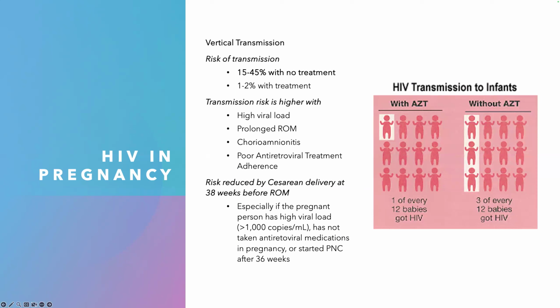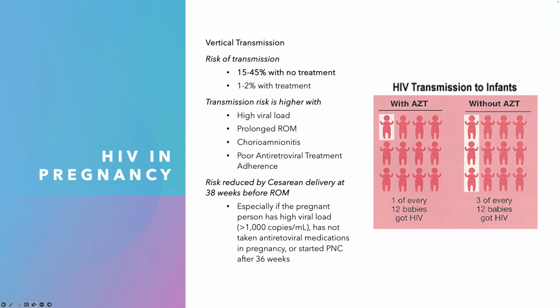Okay, so we know about vertical transmission. Our risk of transmission is 15 to 45% with no treatment and then 1 to 2% with treatment. So it's not totally absent, but it's significantly decreased with treatment. We know that transmission risk is higher in somebody who has a high viral load, so we really want them on their antiretroviral therapy.